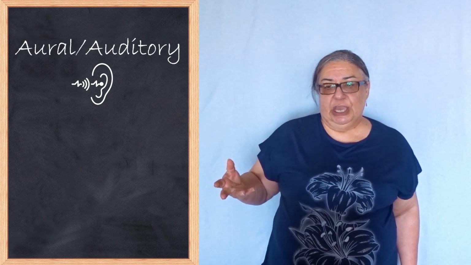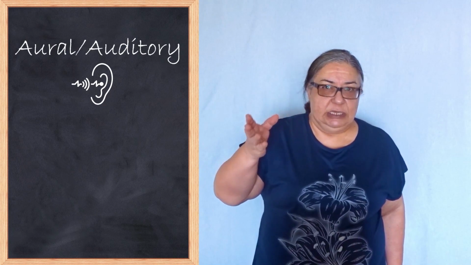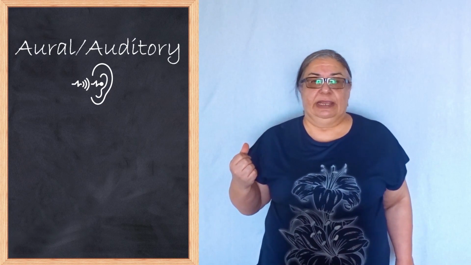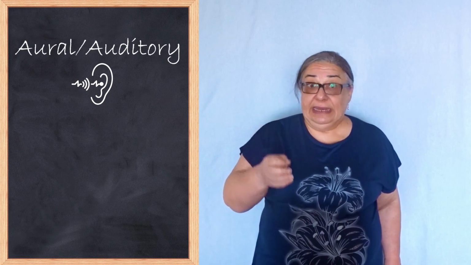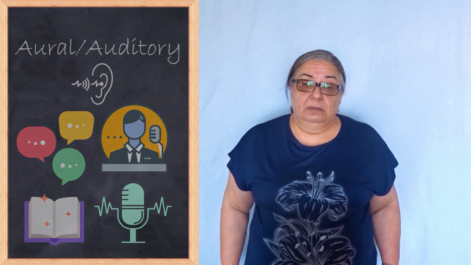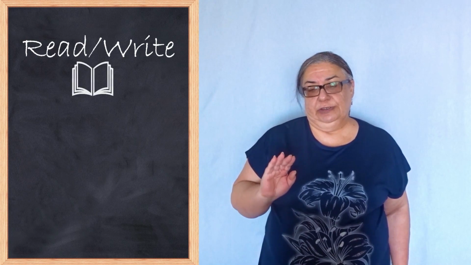Oral/auditory learners learn by listening. They favor the audio and have a high ability for auditory recall. They prefer repetition, summaries, and benefit from discussions, lectures, stories, podcasts. Read/write learners rely heavily on the written word.